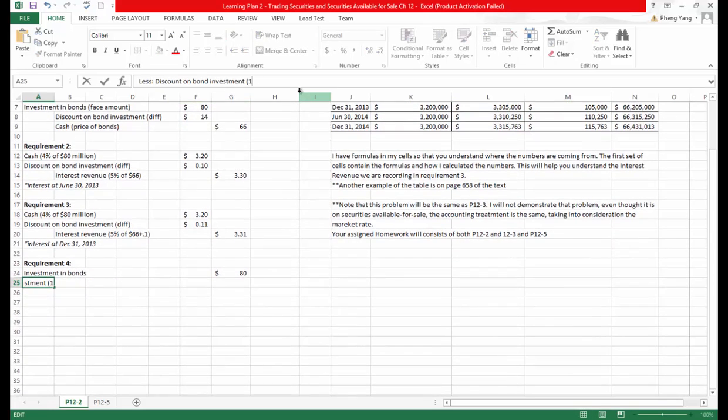It's basically the discount total of 14 million minus the 100,000 minus the 110,000 here.